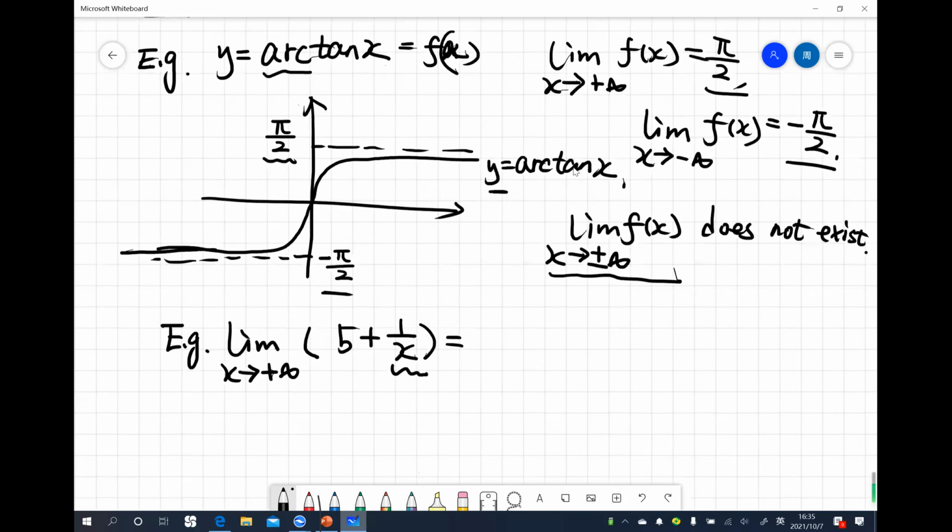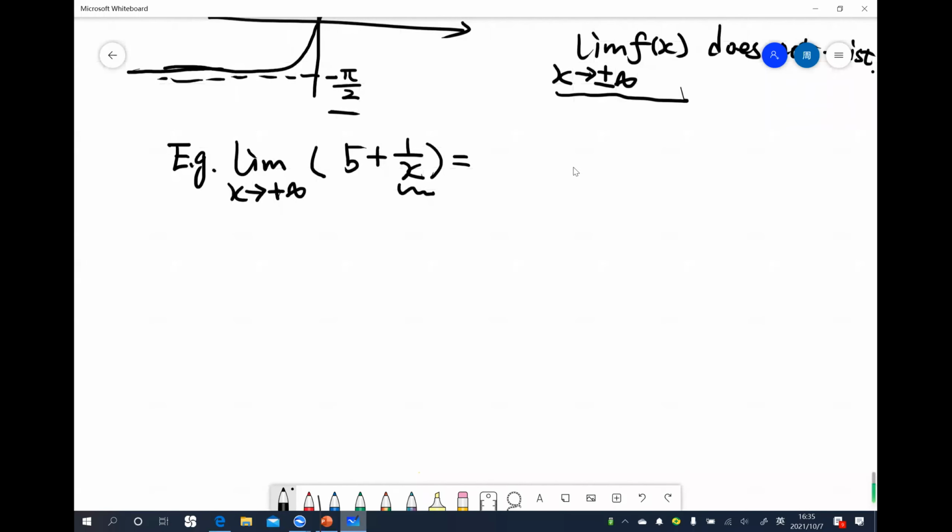So for this question, we can first use the sum rule, right? So that equals the limit as x approaches positive infinity of 5 plus the limit as x approaches positive infinity of 1 by x, right guys?